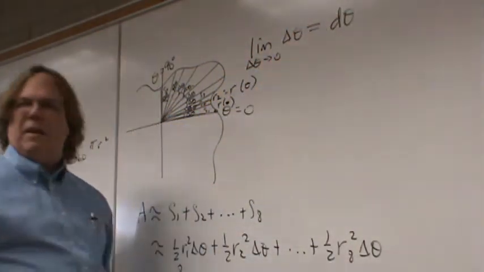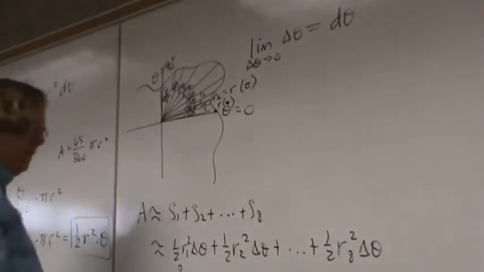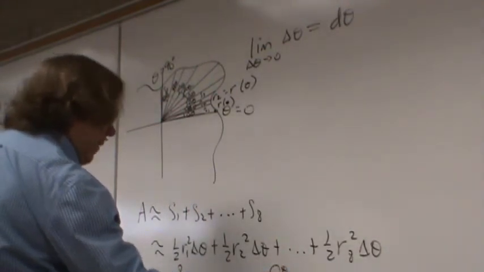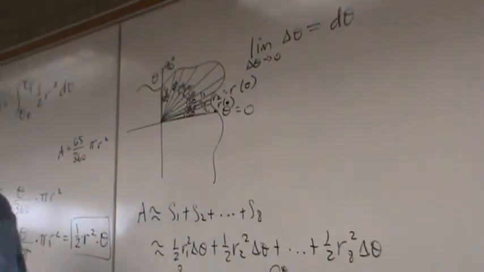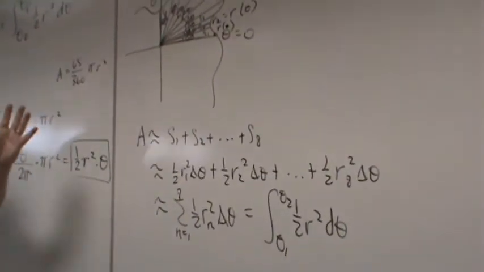Yeah, d theta. And this summation, if we start adding up a billion things or an infinite number of things, becomes an integral. And so I get the integral from theta 1 to theta 2 of 1/2 r squared d theta. And this is where this formula comes from. You're just adding up a bunch of sectors.